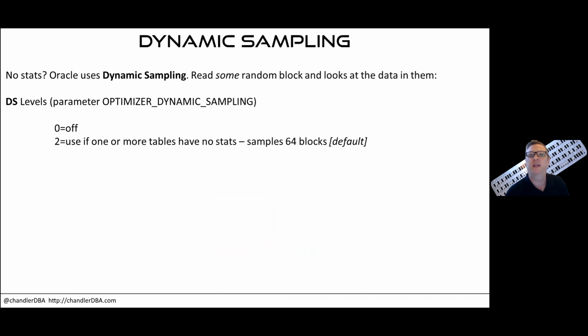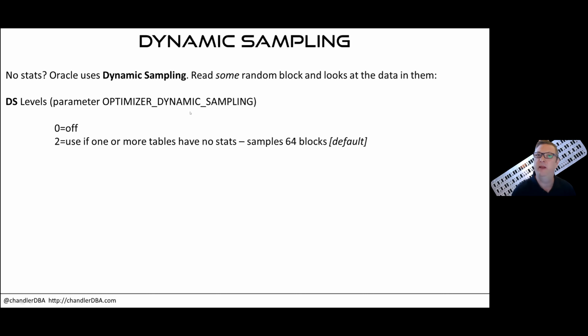If you don't have stats in the database, Oracle uses a thing called dynamic sampling, where it goes and reads some random blocks in your heap and looks at the data in them. It uses the data from those blocks to say, well, this is representative of the data in your entire table.